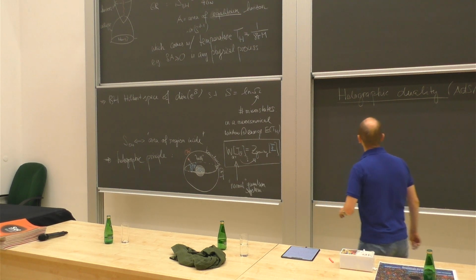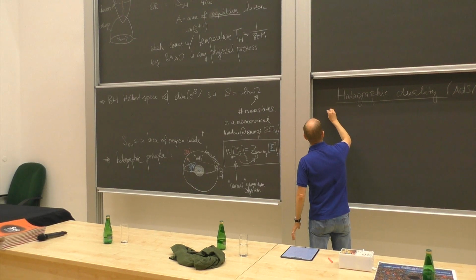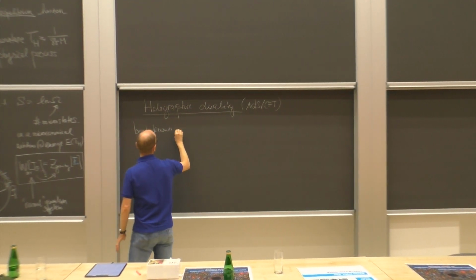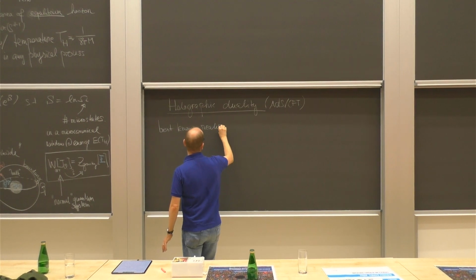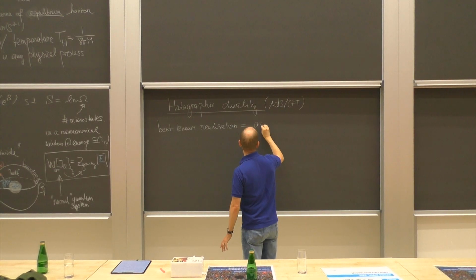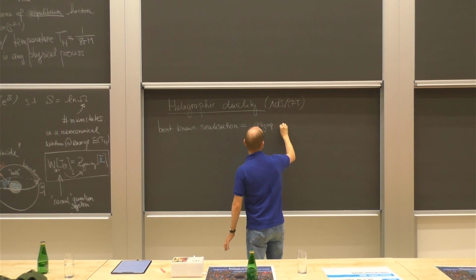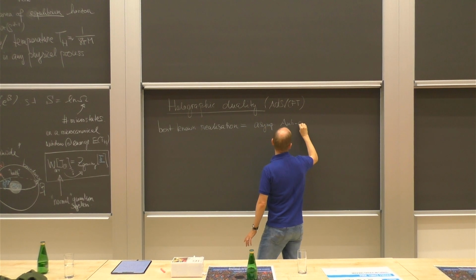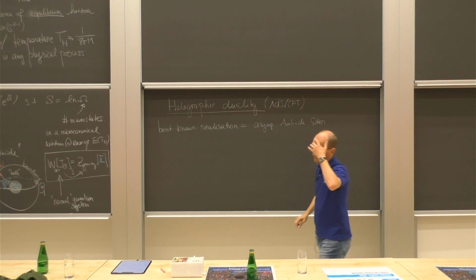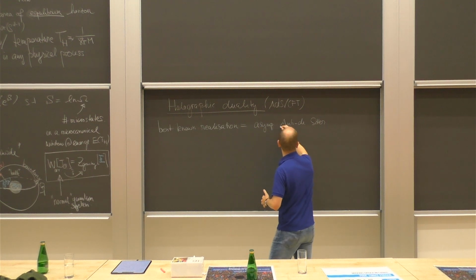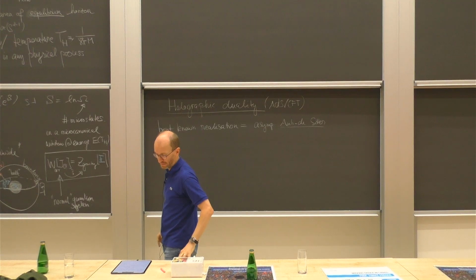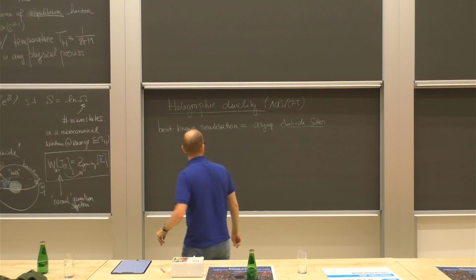So basically, the best known realization of this is precisely this idea where I'm looking at asymptotically anti-de Sitter spaces. And anti-de Sitter refers to the unique maximally symmetric solution to Einstein's equations that has negative cosmological constant.